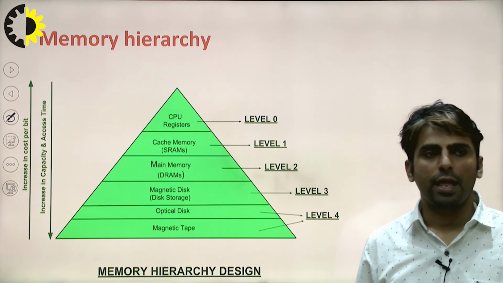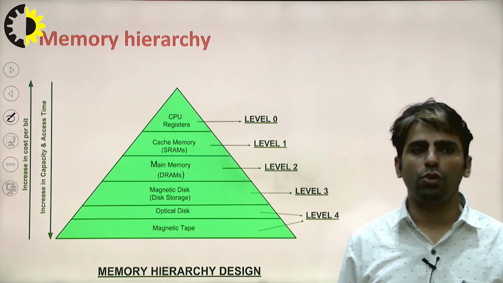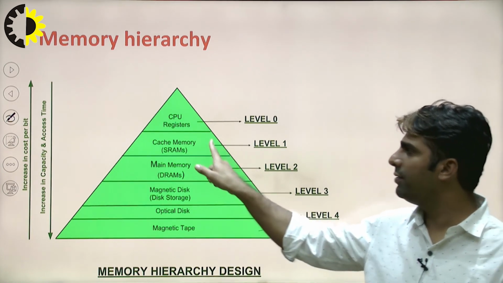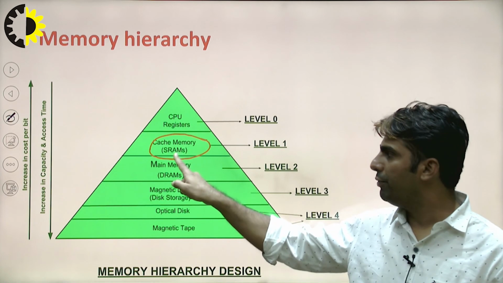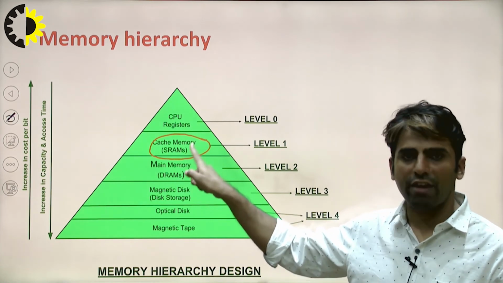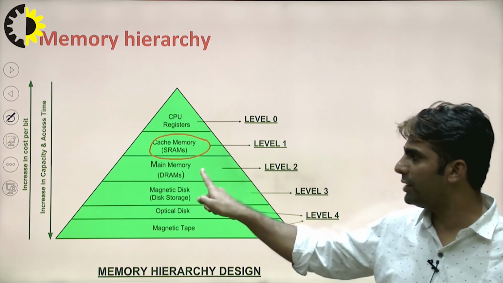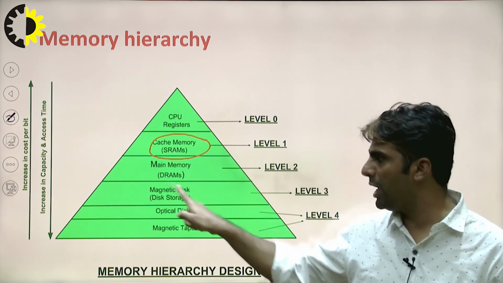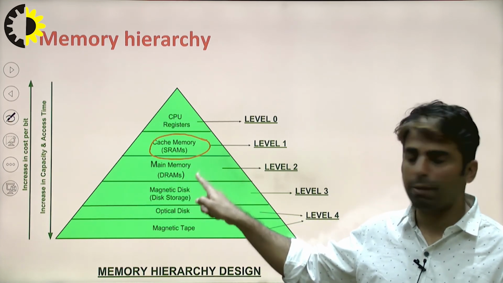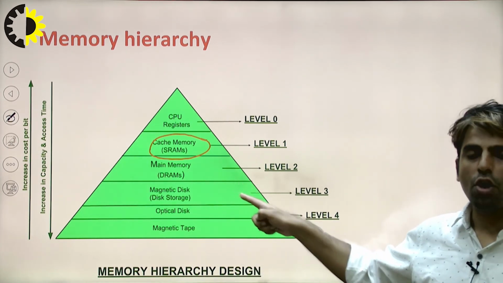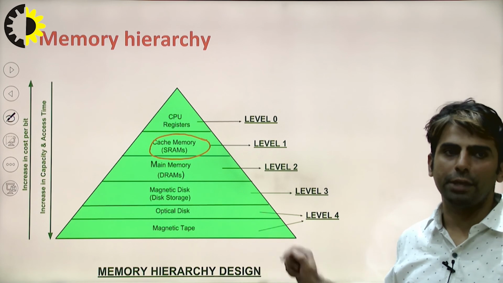On the next level, we have cache memory, made up of static RAMs, as I have explained before. Then at the next level is main memory, made up of dynamic RAMs. And then further we have magnetic disk, optical disk, and magnetic tapes.